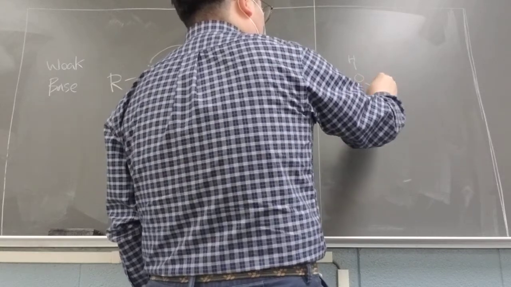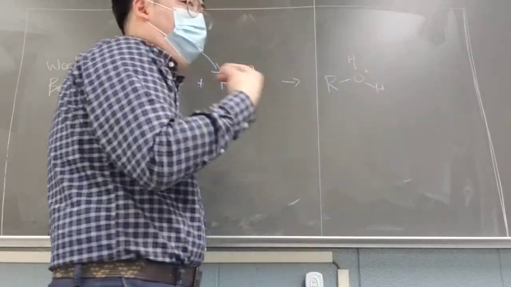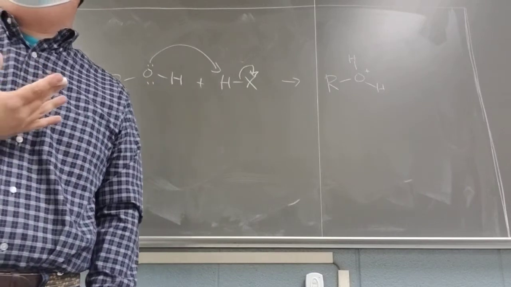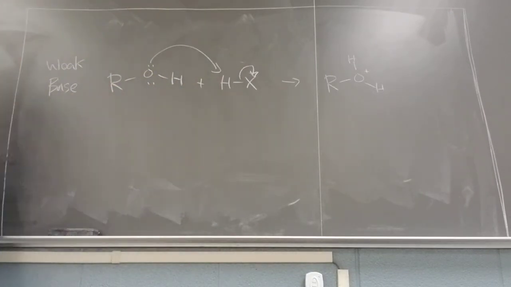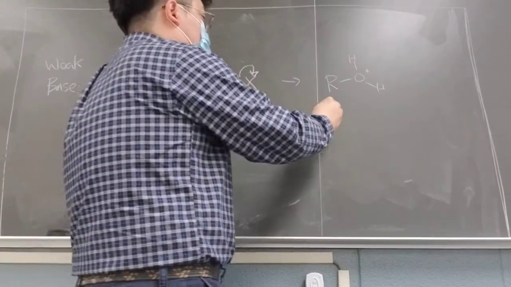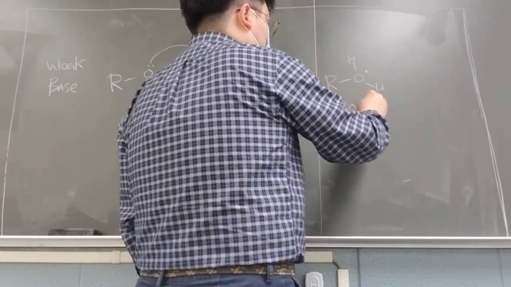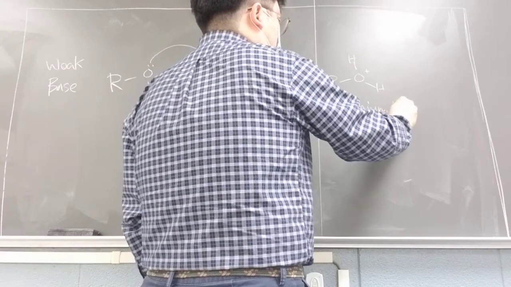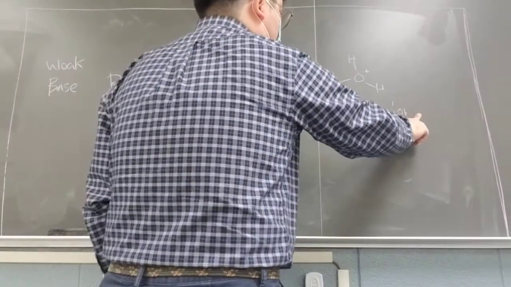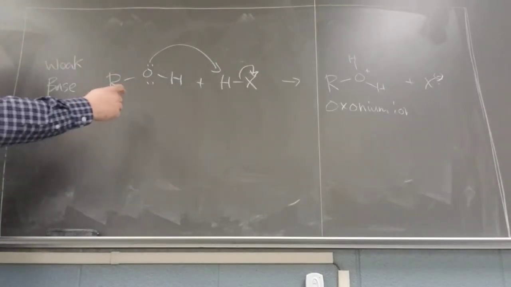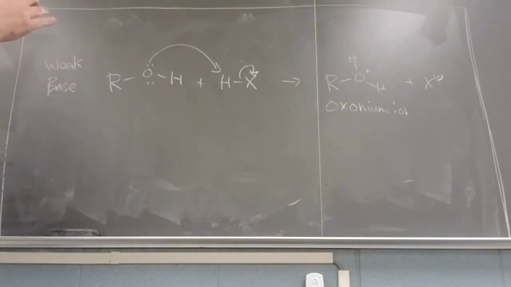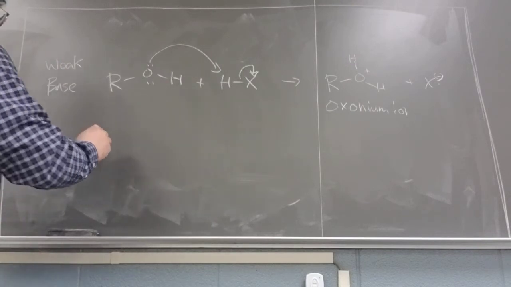This is kind of the same as accepting protons. As we know from the Bronsted-Lowry definition, it works as a base, but this one is not strong, because this one happens easily. That makes this a kind of weak base over here.